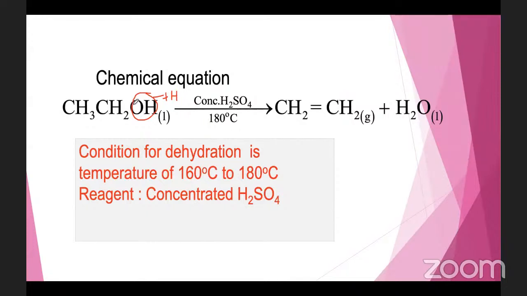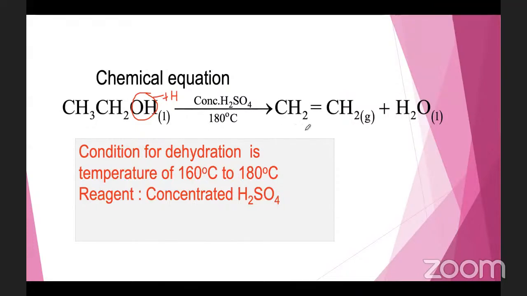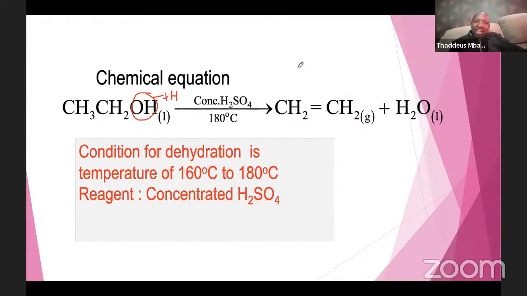Yes. So we are just going to take this OH and remove one hydrogen here. So how many hydrogens will remain? These are 5. If you remove one, how many will remain? 4. Do you understand? So this will be C2H what? H4.